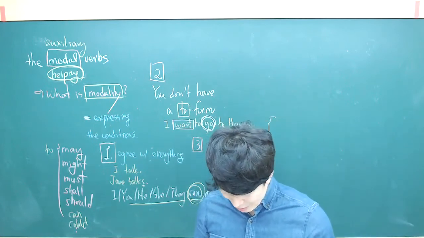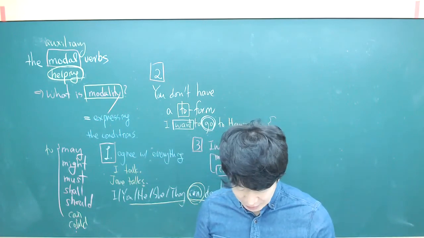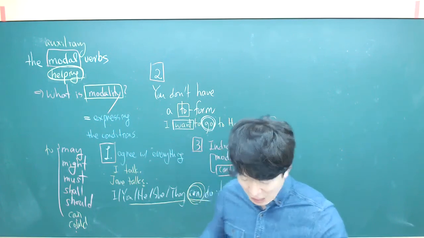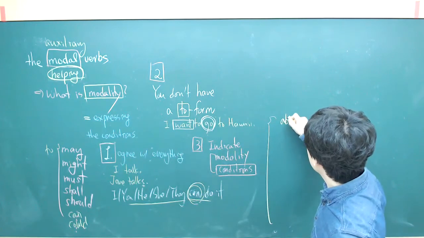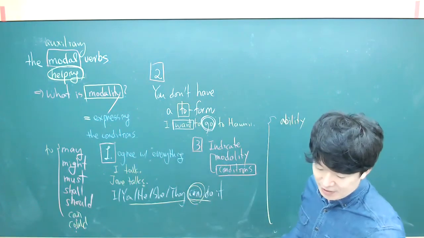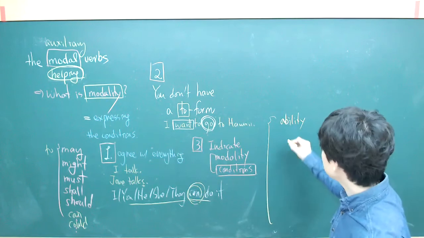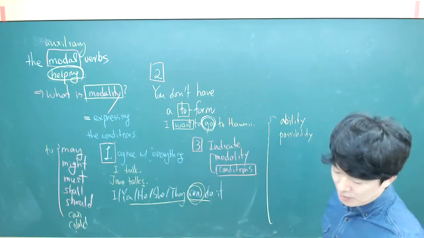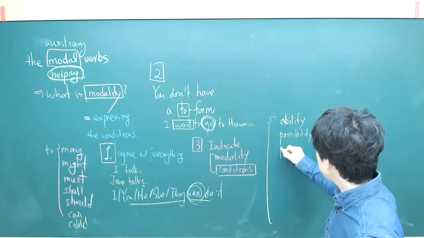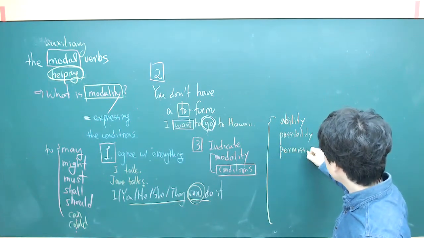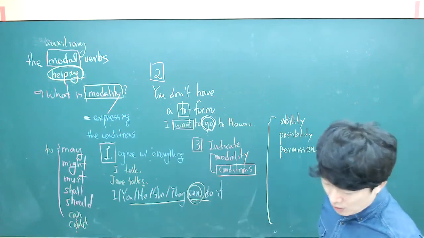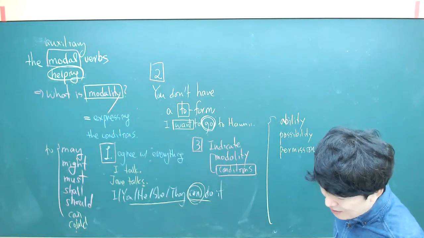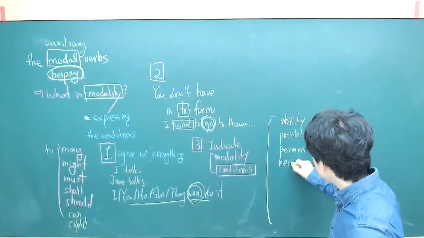When you look at your textbook page 189, 7-2 expressing ability, and 7-3 expressing possibility, and permission, and necessity, prohibition.